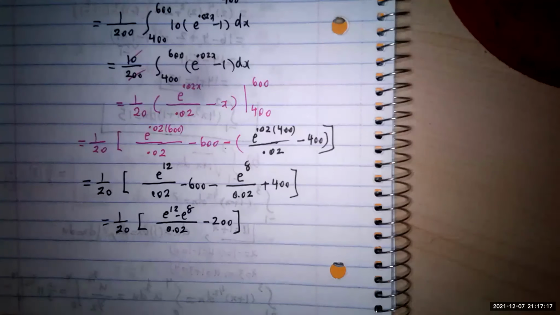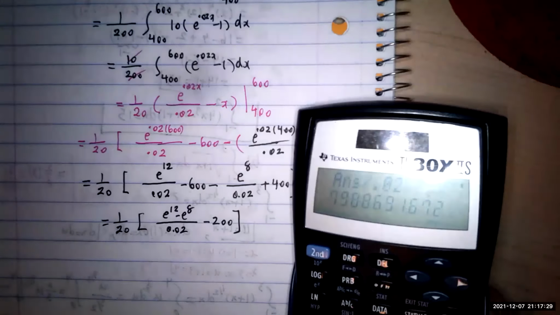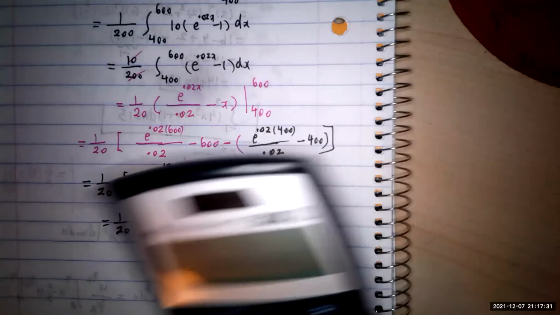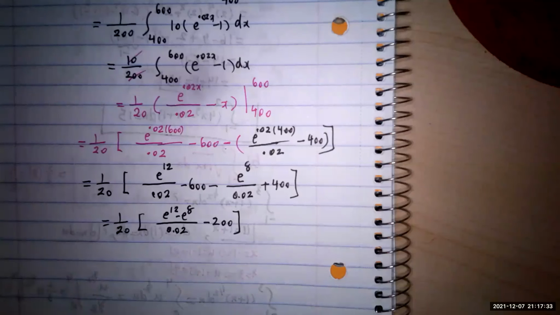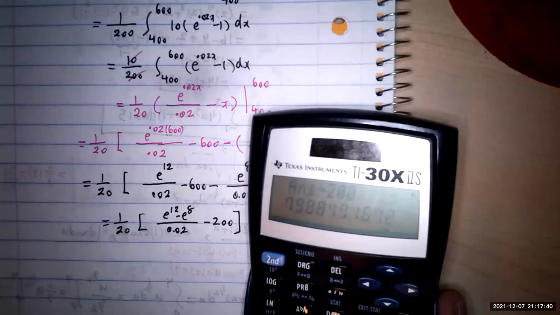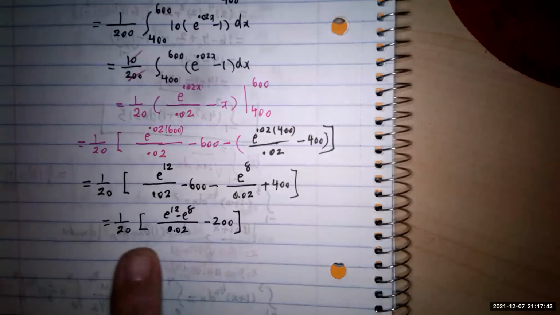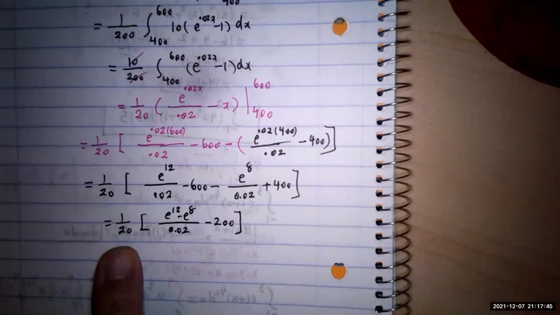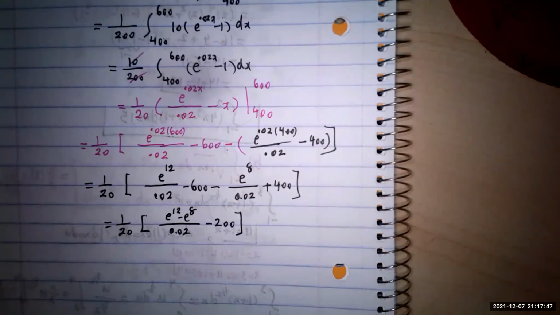Then I have to divide it by 0.02. That is what I got so far. Then minus 200. So this is going to be minus 200, and then I have to divide it by 20 to get these numbers. If I divide it by 20, this is it.